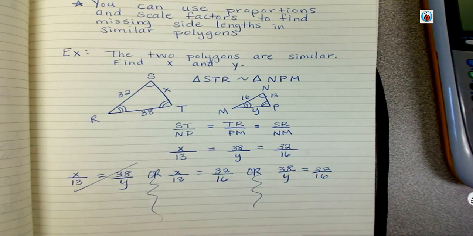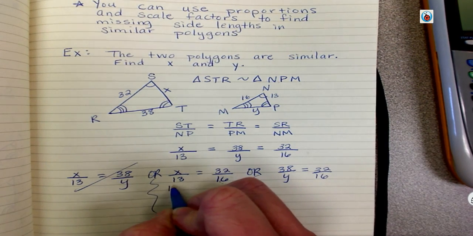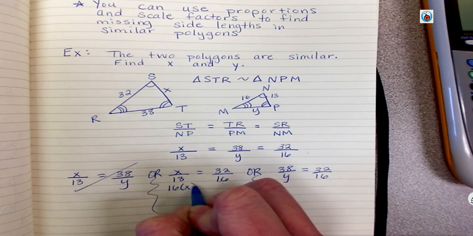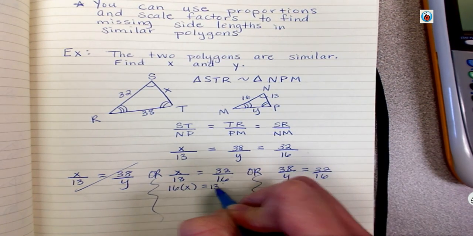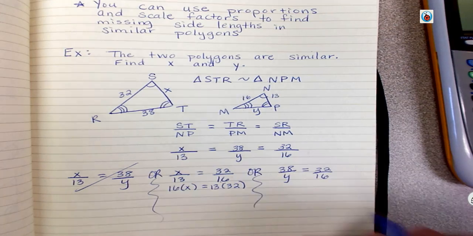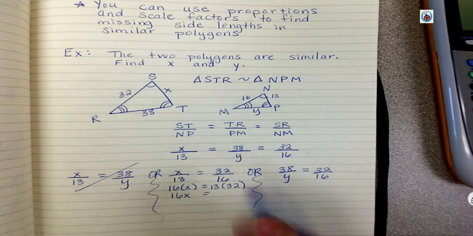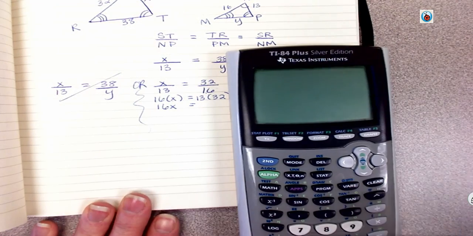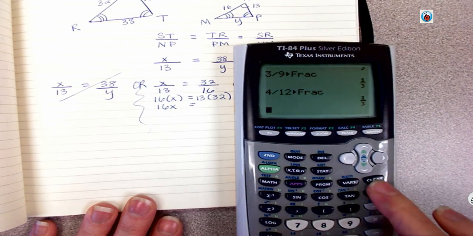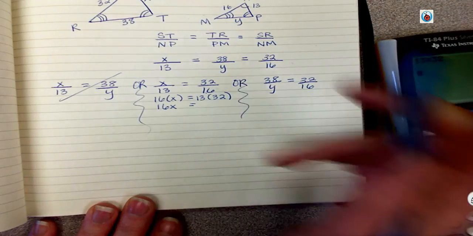If you choose to use these numbers, you have 16 times X, which is equal to 13 times 32. So 16 times X is 16X. This is pretty large, so I want you to check large numbers like that into your calculators. So 13 times 32 gives us 416, so big numbers. All right, 416.